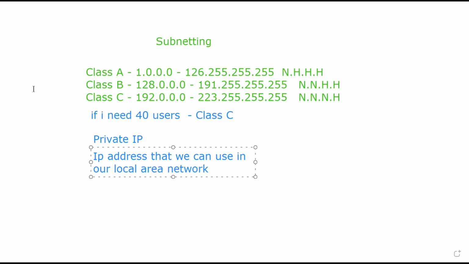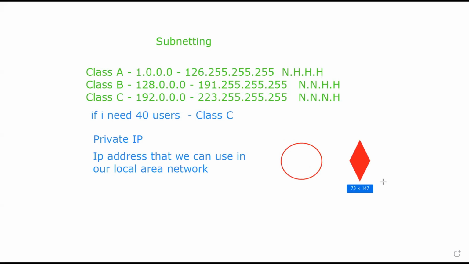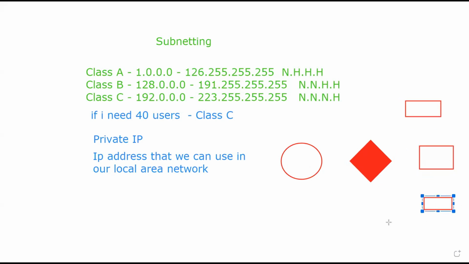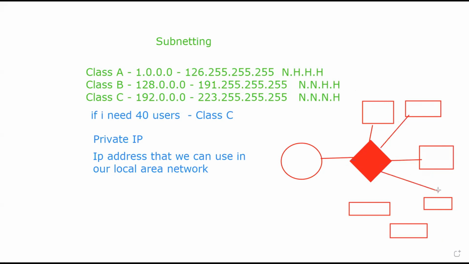Let me give you an example. This is our IANA, this is our ISP providers, and this is our users. IANA gives IPs to the ISP providers, then the ISPs provide them to the users, right?